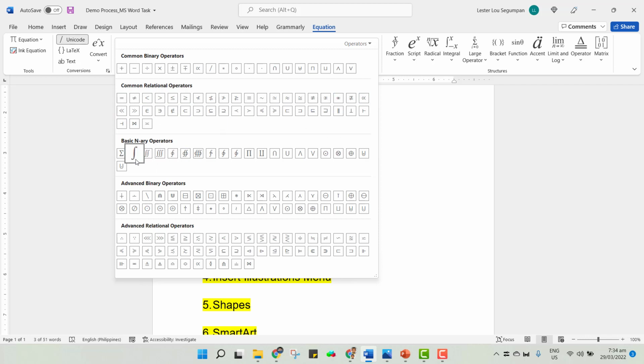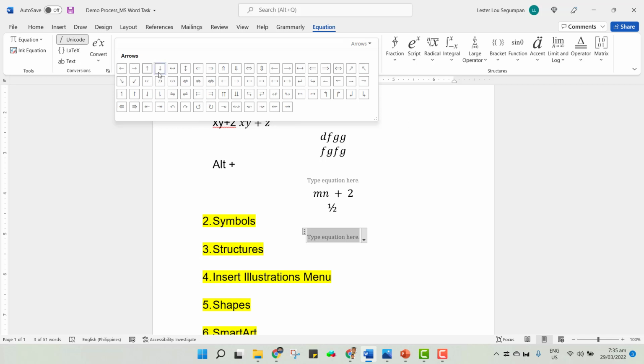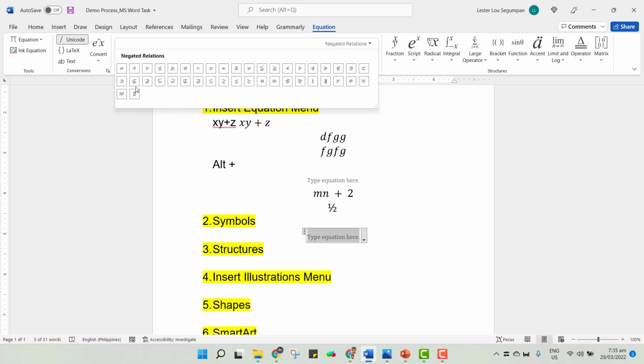We have also another here, operators for your calculus, other forms of operators that you may use. I'm not using most of them. I'm just sharing this to you so that you could actually use them as you need on your exams later. Arrows, okay. We also have here negated relations, the not equal, the not less than, the not greater than, the rest.